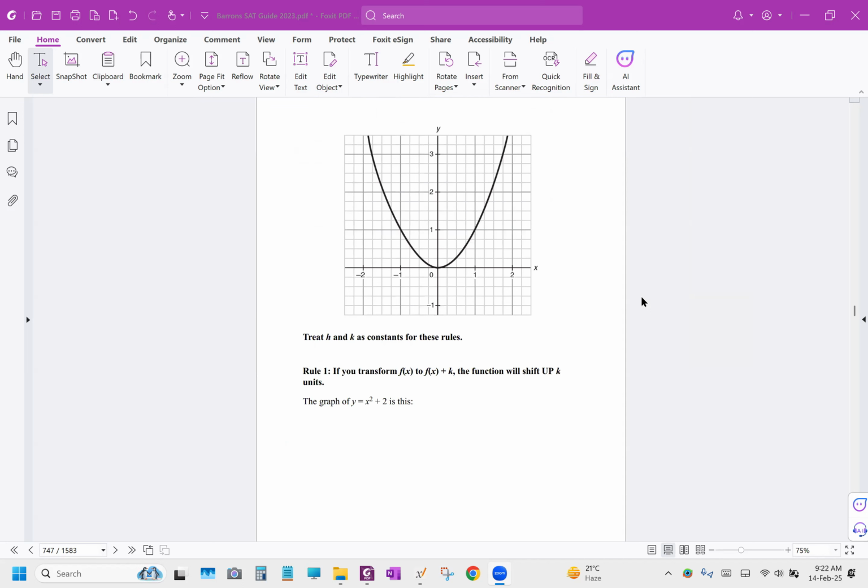There are so many rules on function transformation. If you add, subtract, multiply, or divide a term with some other terms, then different things will occur.